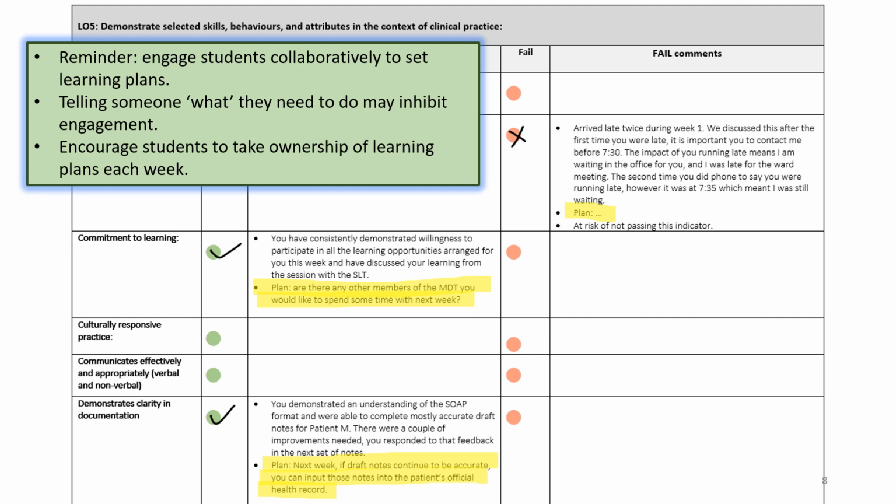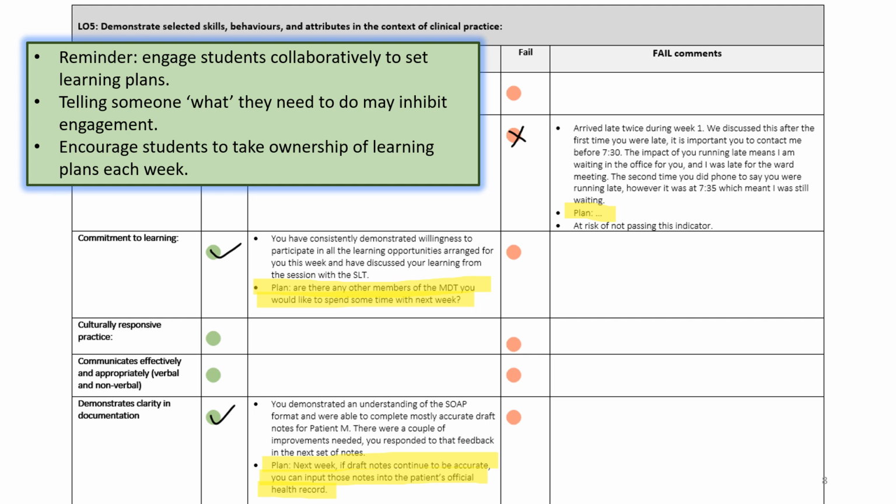We also encourage you that if a student is not meeting a learning indicator, which means they might not be meeting the learning outcome around that midway point, that you are also explicit to them that if that behaviour continues, or that lateness in this instance continues, the student is at risk of not passing this indicator.